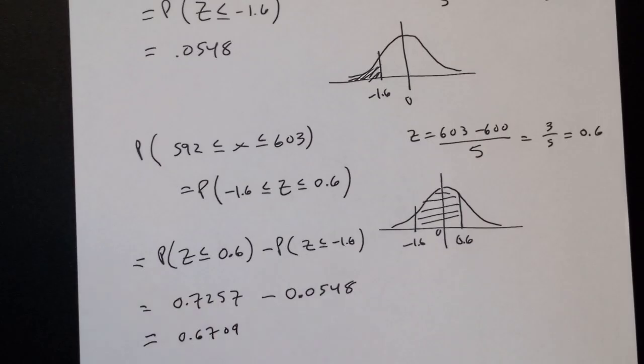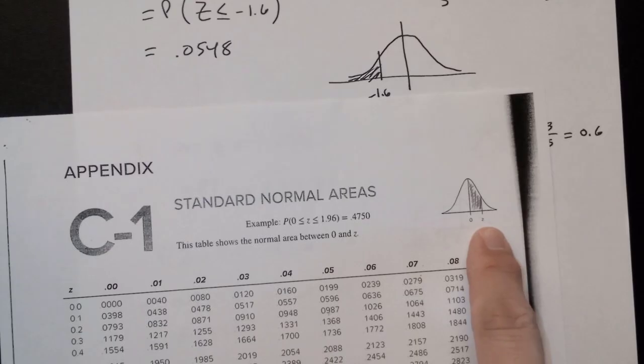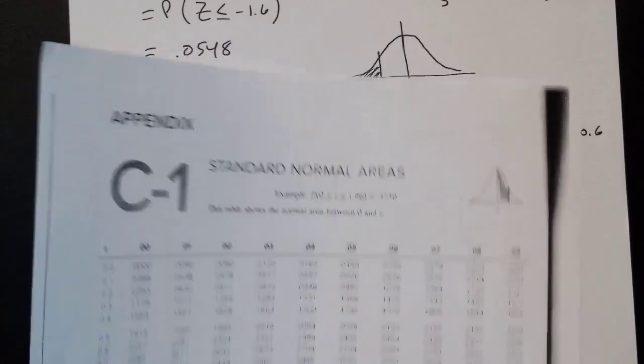Now that's not the only way to get this number. If I look at table C1, notice that table C1 always works from the middle out. And since this picture is symmetric, this table only uses positive numbers.